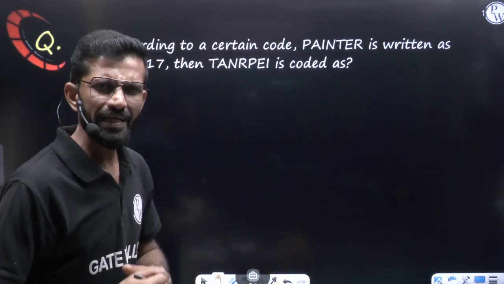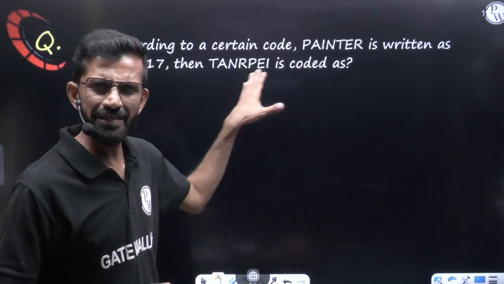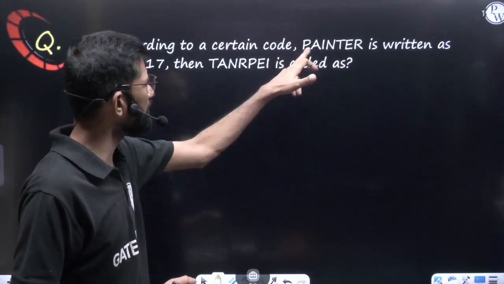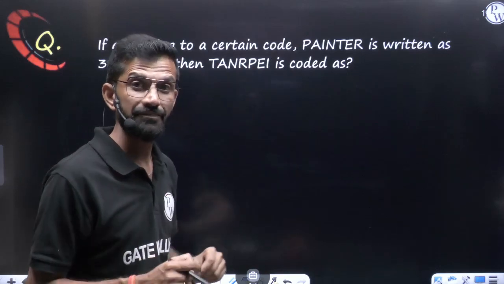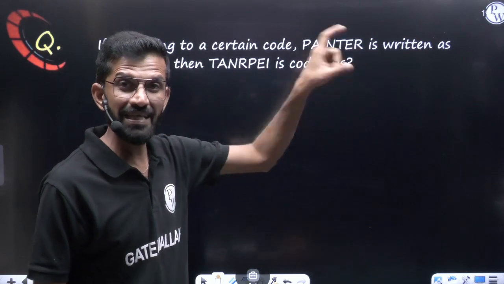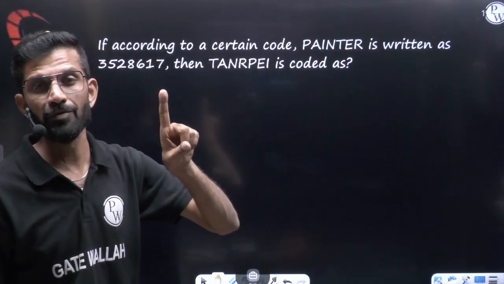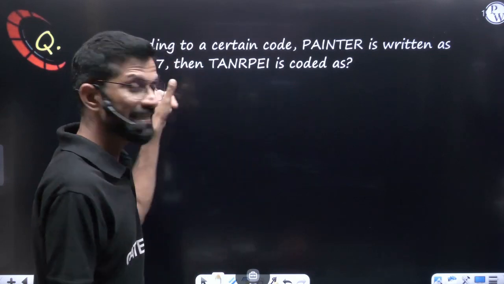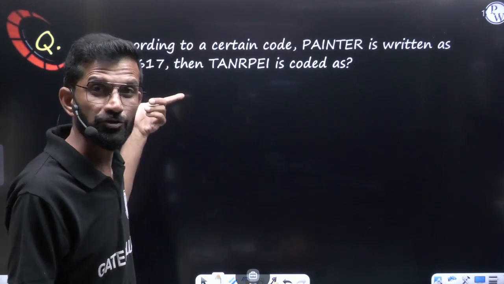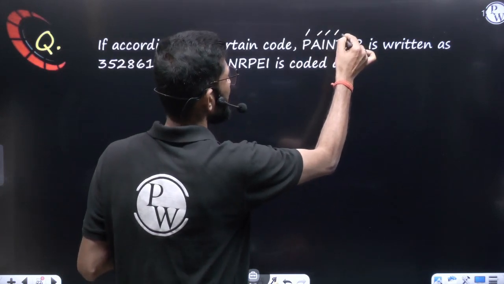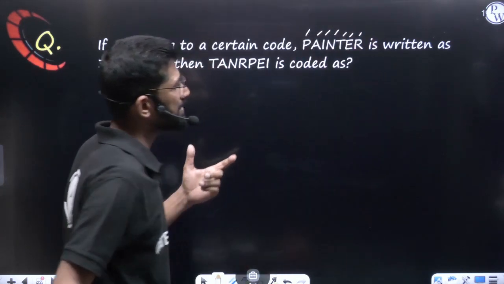Now, important, first of all, they are jumbling the alphabets. Same painter is used here also. Every alphabet over here is used. And one more important thing, you know that few alphabets have a single-digit position, few have a 2-digit position. But if they were deciding this code according to position, it should be some bigger number, because how many alphabets are used in this word? If I am not wrong, total 7 alphabets are used.